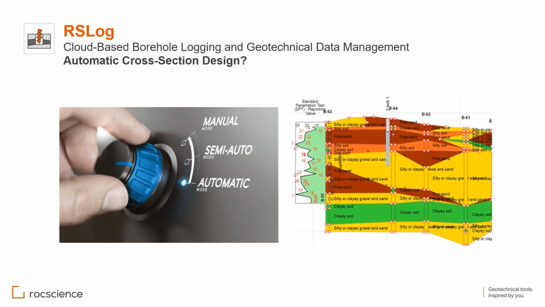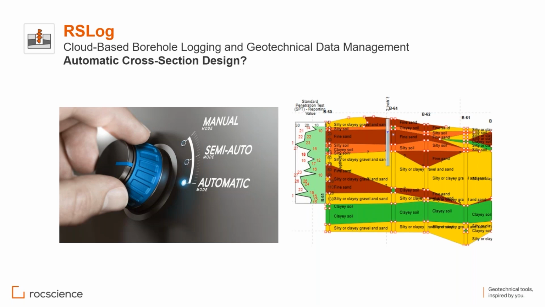So that brings us to this big question of whether cross-section design should be done manually or automatically. And I'm a fan of a manual design, in a sense that we don't want the program to connect the layers together for us and make a decision whether this layer should be connected to that layer in these two different boreholes.